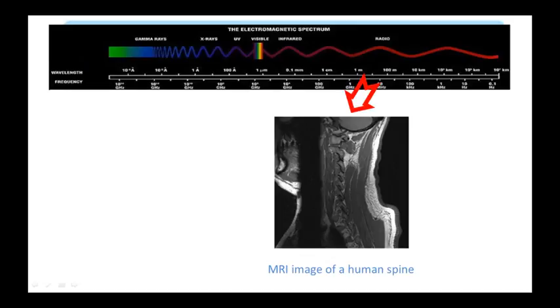This technique places a patient in a powerful magnet and passes radio waves through the person's body in short pulses. Each pulse causes a corresponding pulse of radio waves to be emitted by the patient's tissues. The location from which these signals originate and their strength are determined by a computer, which produces a two-dimensional picture of a section of a patient.